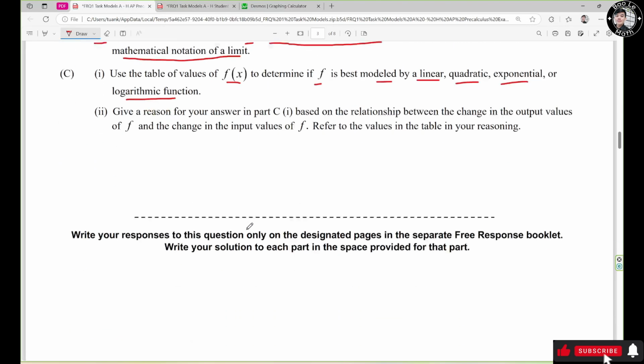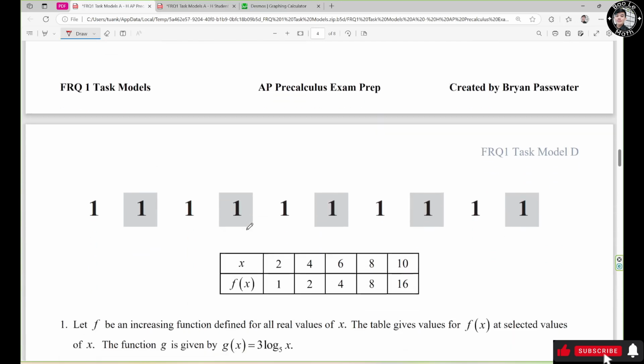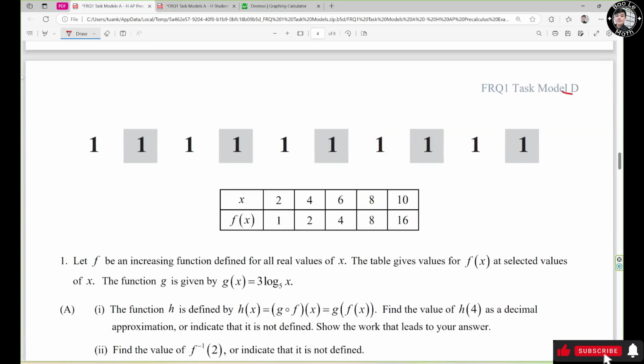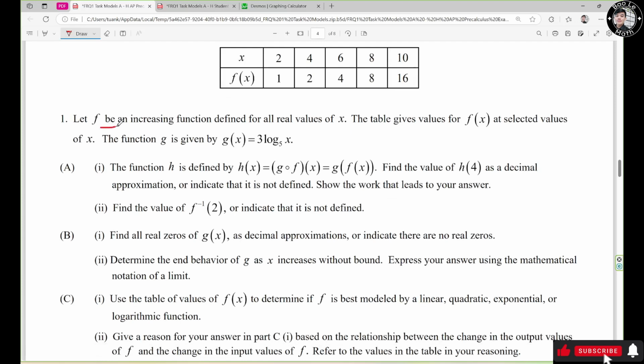Now let's move on to the next question. Question D right here. Let f be an increasing function defined for all values of s, right? The table gives values for the function f(s) at selected values of s. The function g is given by 3 log base 5 of s.